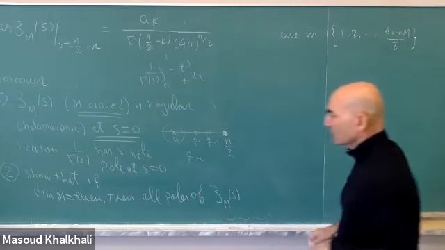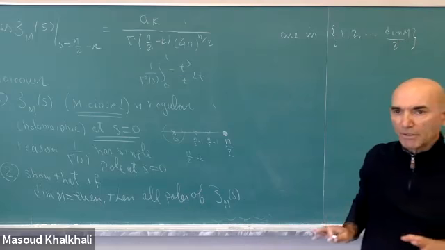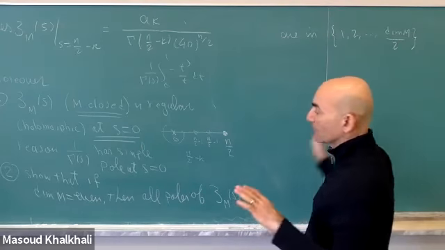So in other words, if the dimension of your manifold is even, you cannot have an infinite number of poles.